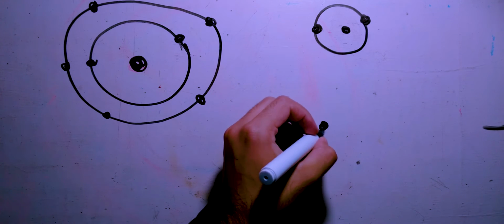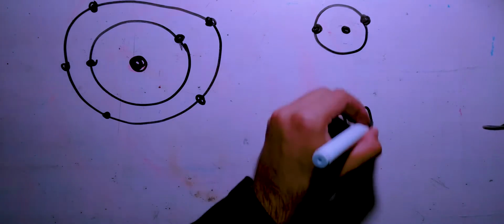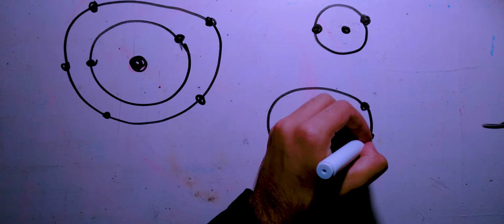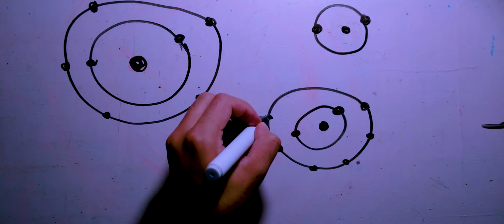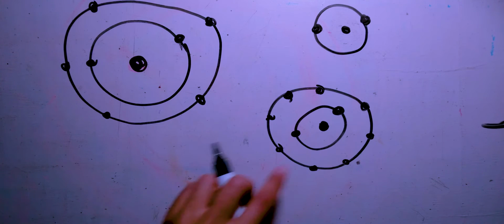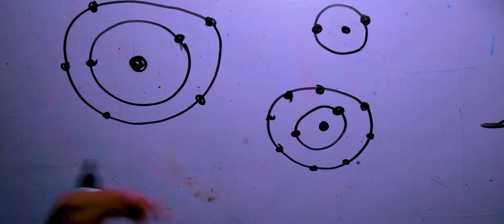If I draw neon, it will have 2 electrons in the first shell and the remaining 8 electrons: 1, 2, 3, 4, 5, 6, 7, 8, 9, 10. 10 electrons in total. 2 in this shell, 8 in the outermost, second shell, and that's it, right?